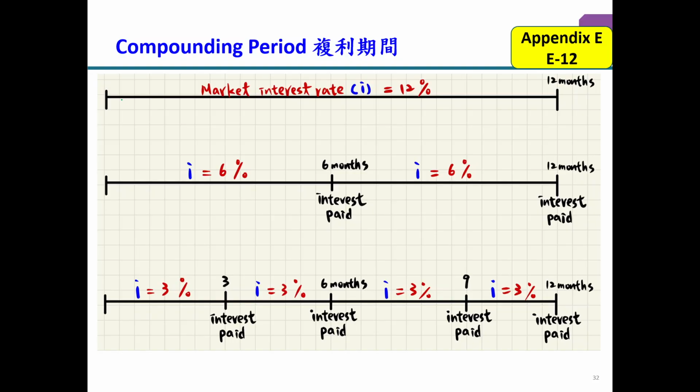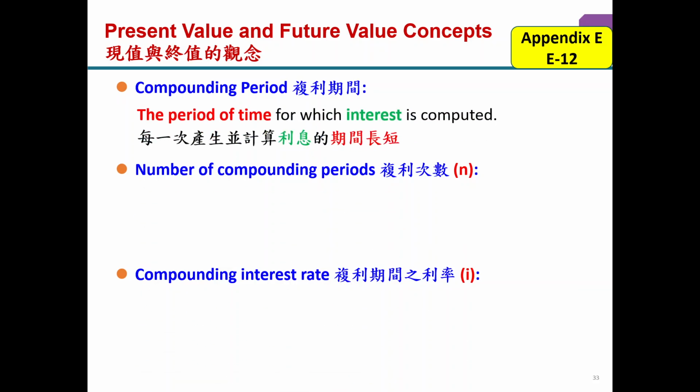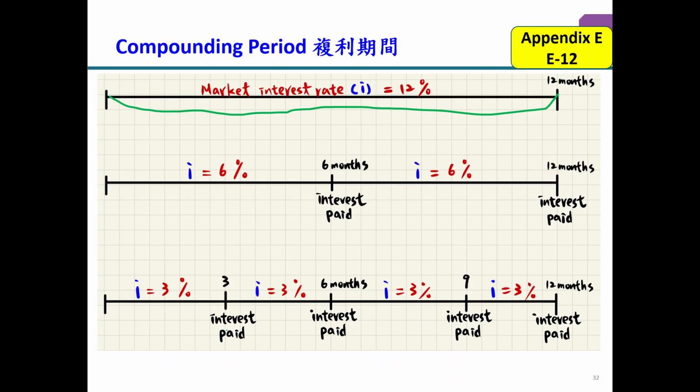For the first case, how long does the interest occur? 1 year, right? So the term we call is compounding period, 复利期间. Compounding period is how long before the interest occurs, okay? So for the first case, compounding period is 1 year.